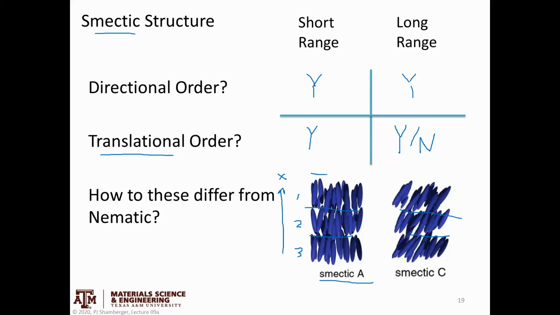But if I think about another direction, let's say a direction within a layer, we can call that Y, you don't have any additional information in terms of the long-range packing of these molecules. So they're restricted to layers. There's some degree of translational order, but they are disordered within a particular layer, and that's what this no refers to.